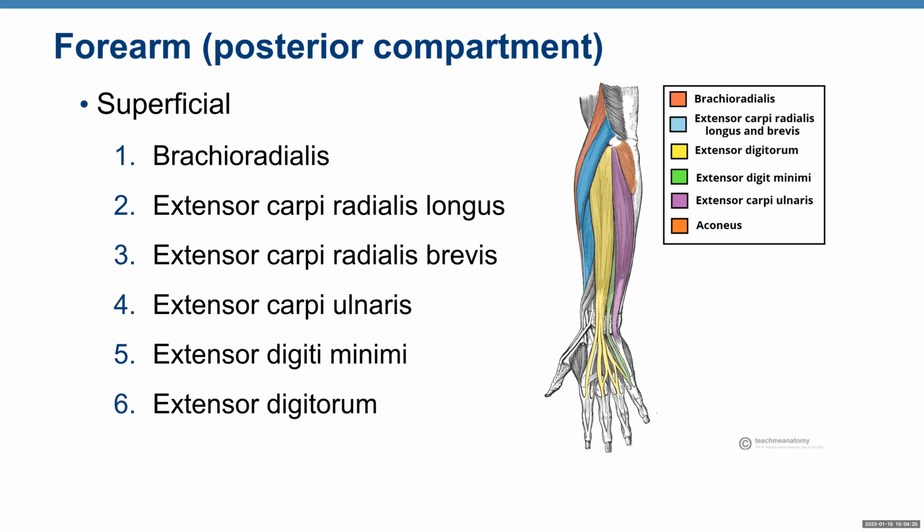You extend your elbow, you extend your wrist, you extend your fingers. Now, you cannot have flexors and extensors in the same compartment. So if you have flexors in the anterior compartment, front of your forearm, then extensors will be in the posterior compartment, because they are antagonistic muscles.